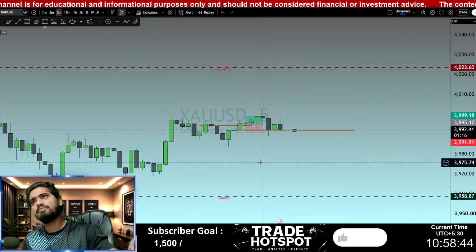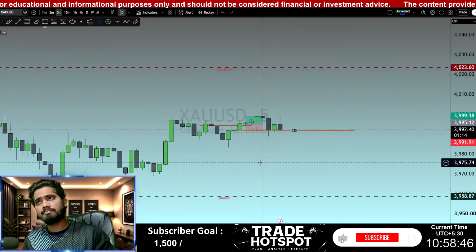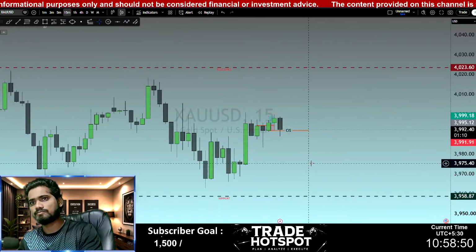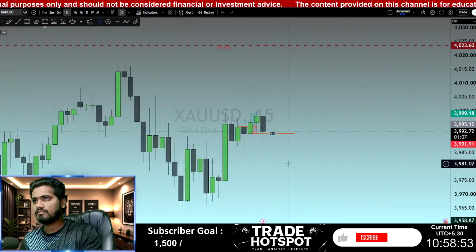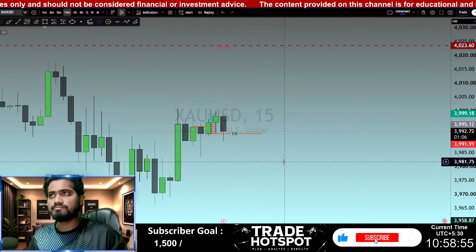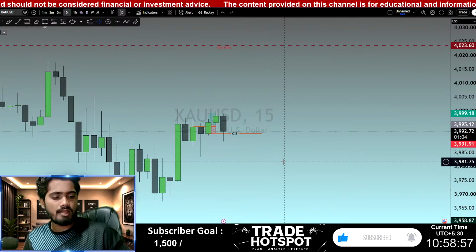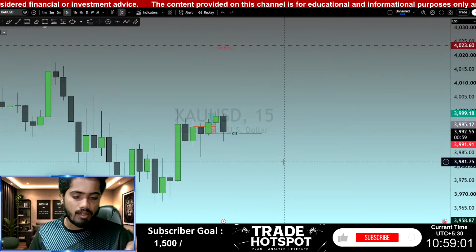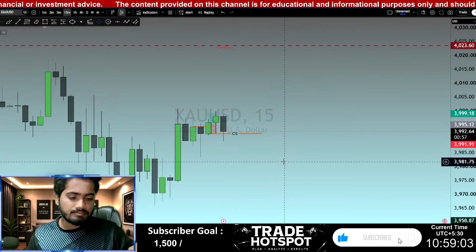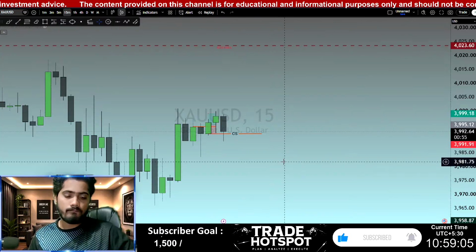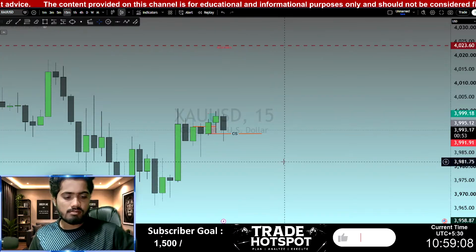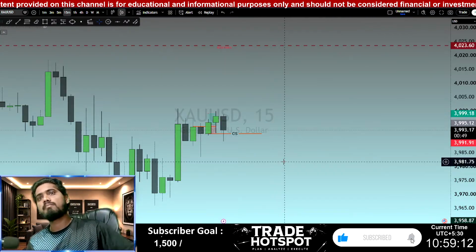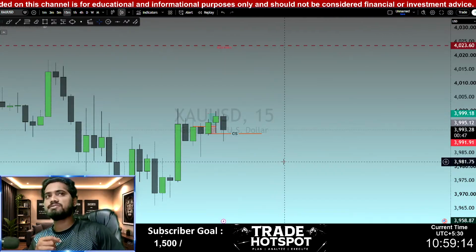Last 2 minutes are remaining, and the 15-minute candle will close after 2 minutes. Last 1 minute is remaining.